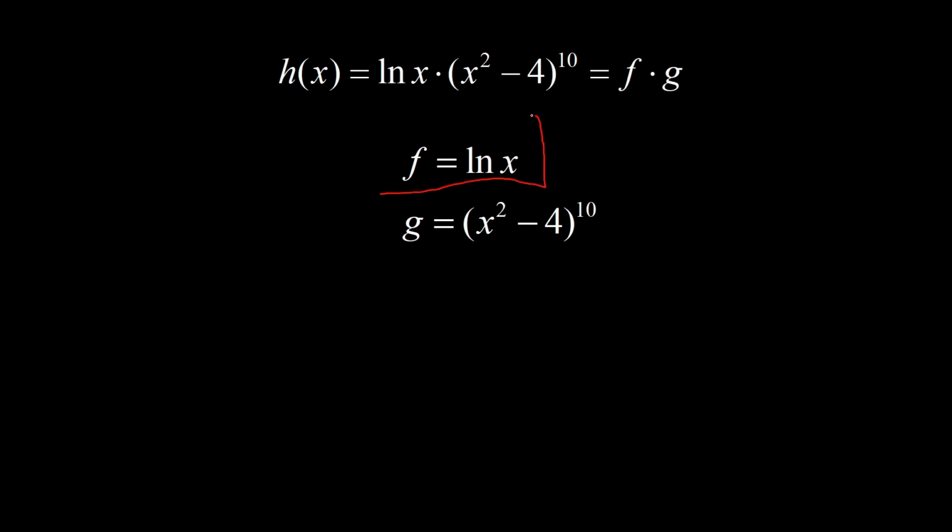So f is one of our derivative patterns, and so we can get that derivative. The derivative of log is one over x. However, g is not one of our derivative patterns, and we've got to do something about that. And that's the chain rule.